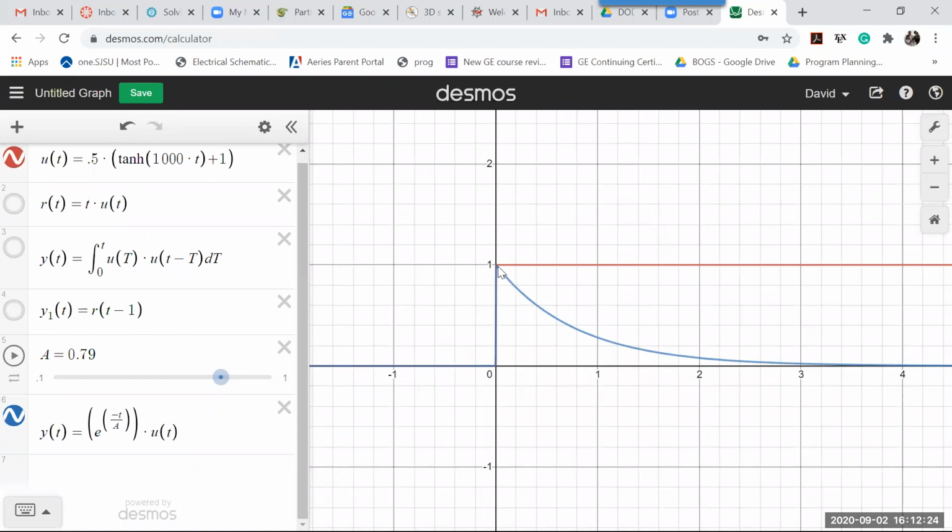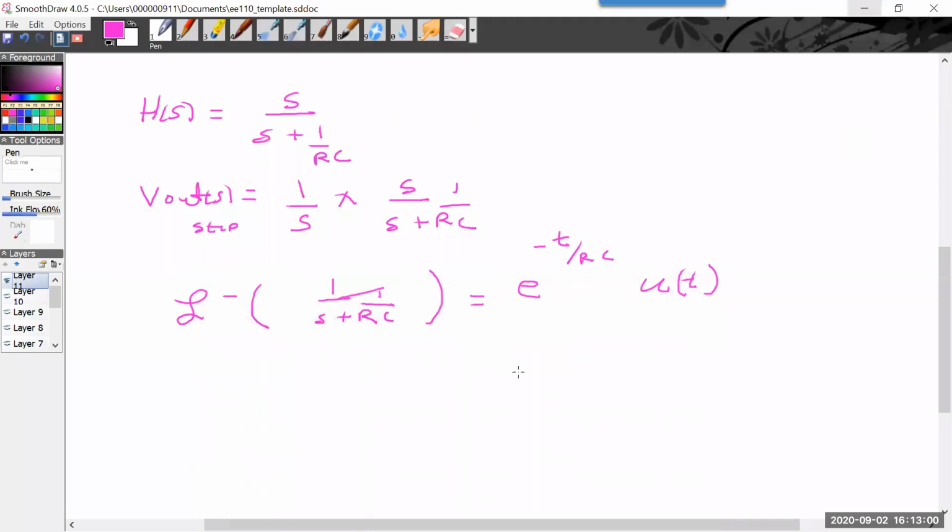It goes to 1 instantaneously because that's where the edge is. High pass filters detect edges, low pass filters smooth edges out. It still takes 5 tau after it's detected the edge to dissipate, and I can make it respond quickly or more slowly. That's how high pass versus low pass differ.